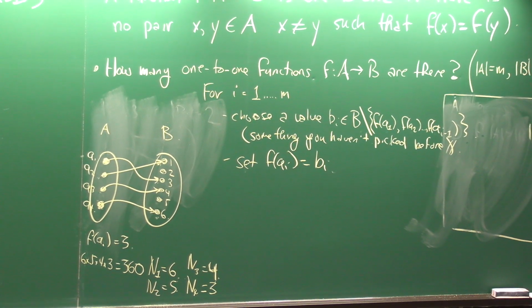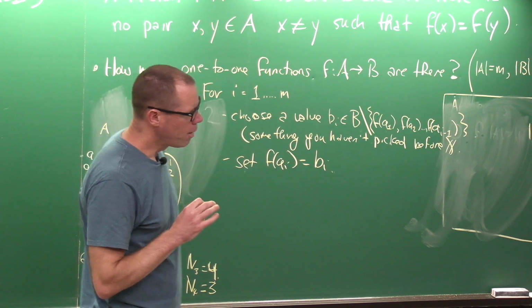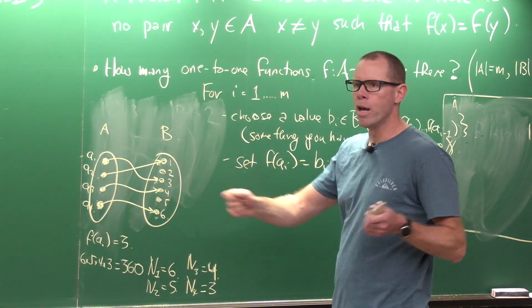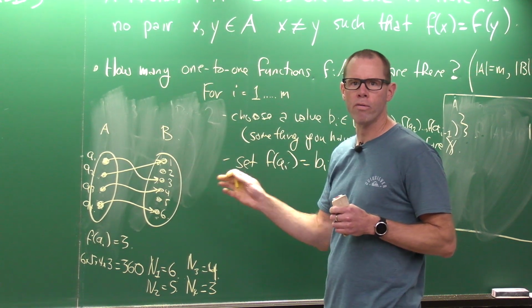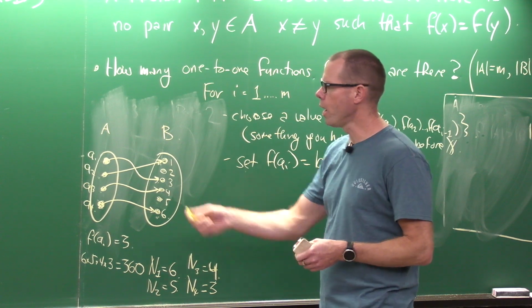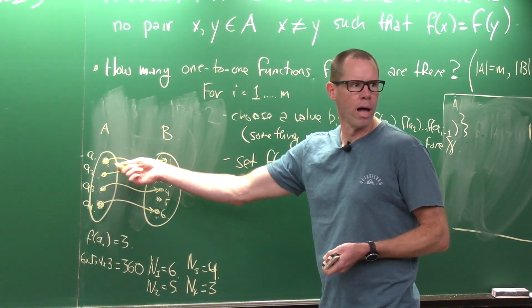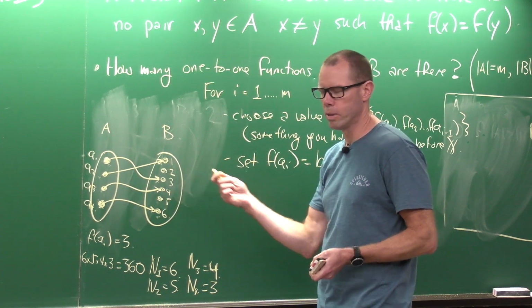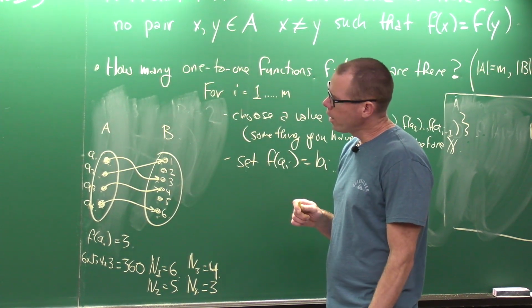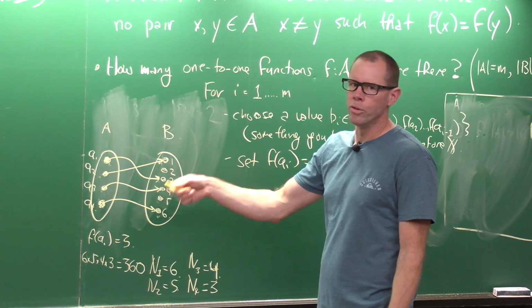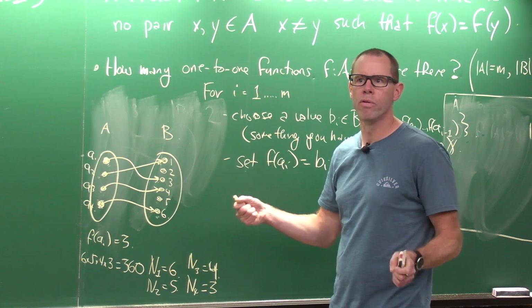There are a few more formal requirements to this procedure, but I think it's clear now. Can I generate any function this way? If you give me any one-to-one function from A to B, there is a way to generate it. Look at that function, and at step 1, you pick the value that that function has for A1. Step 2, you pick the value that that function has for A2, and so on. You also need to establish that if you execute the procedure two different ways, you get two different functions.